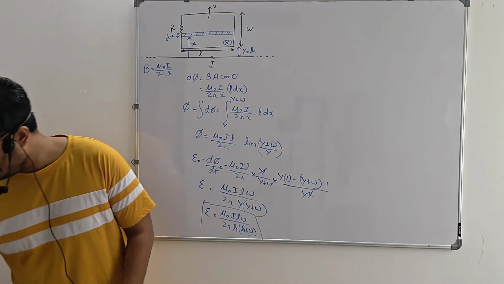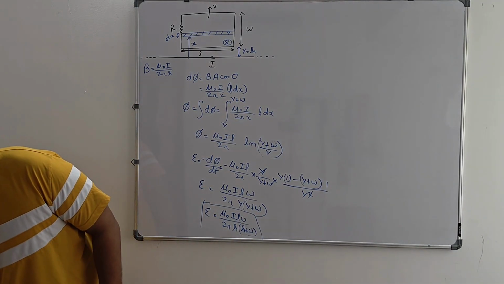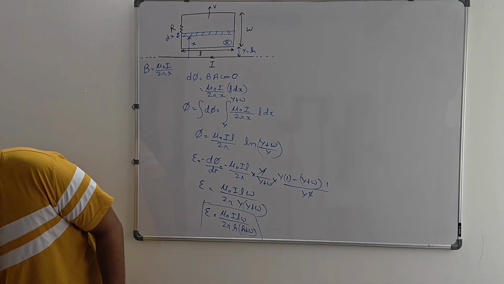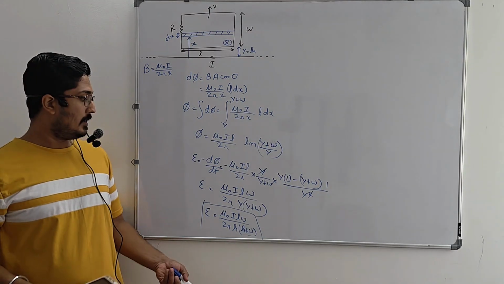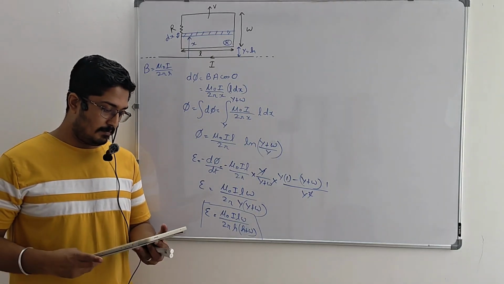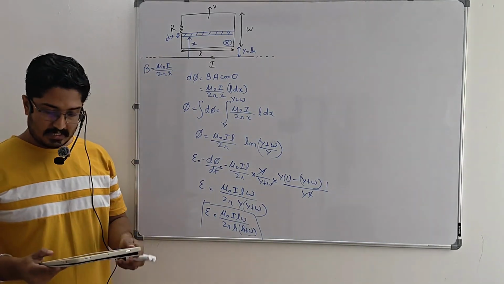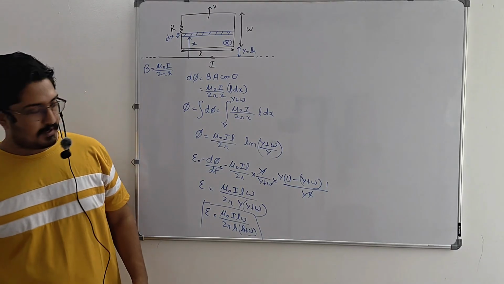So remember that this EMF induced we have found by using Faraday's law. And as per the question, if I remember, they are not interested in finding the EMF. They are interested in finding the current. Yes, they have given us the resistance and they want you to find out the current.